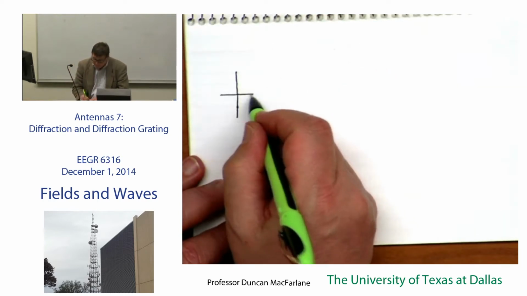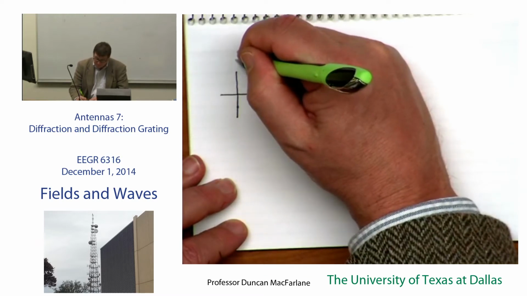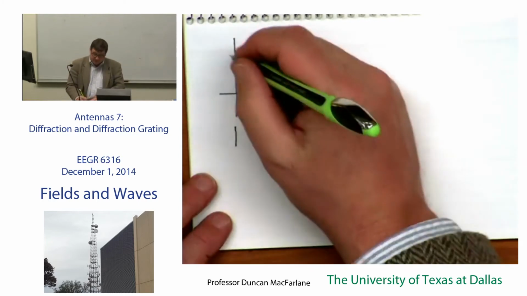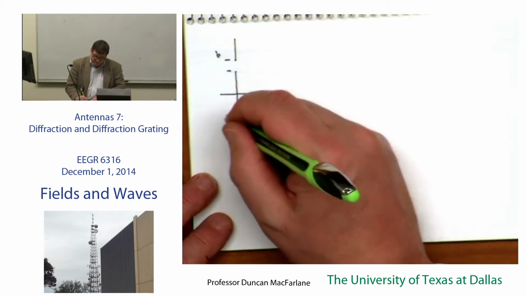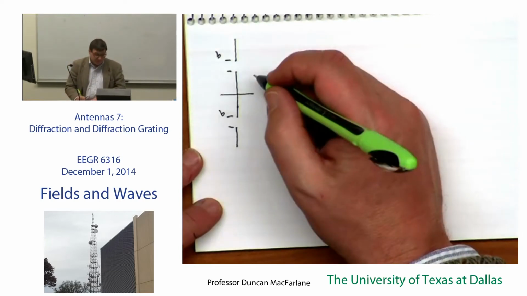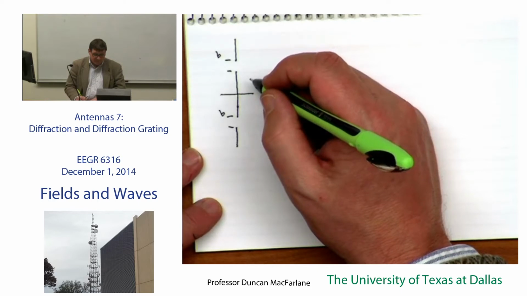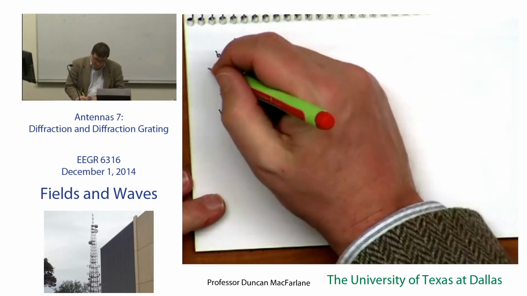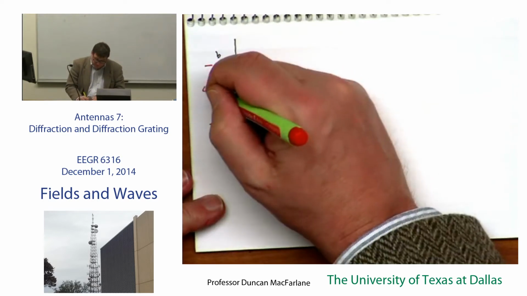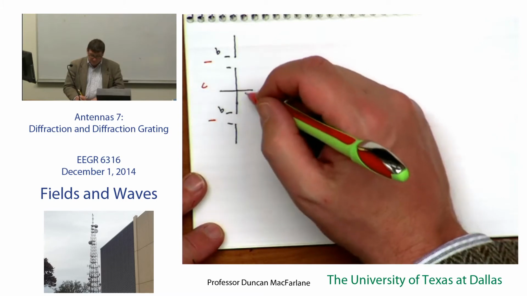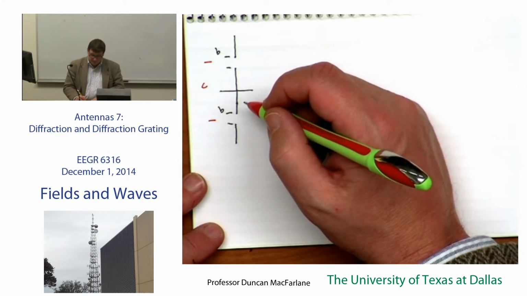So I'll have some axis, and I'll offset a slit above and below, and I'll make each of these slits of aperture B. So the distance from center to center of the slit I'll put as C. No, I'm sorry.